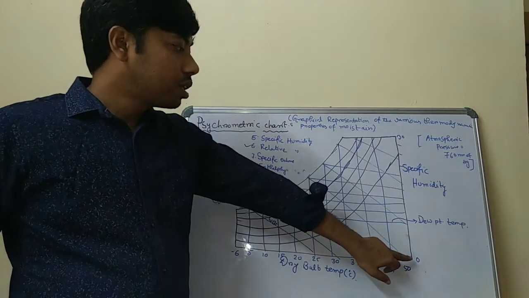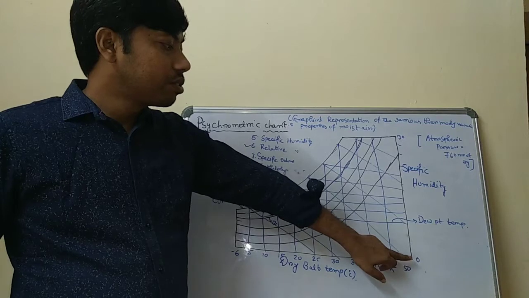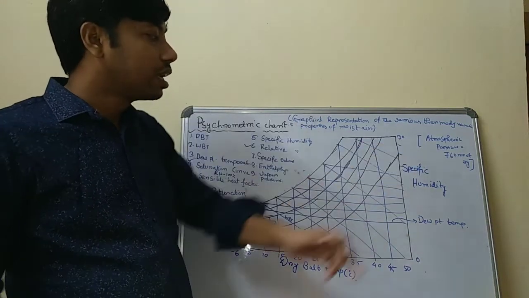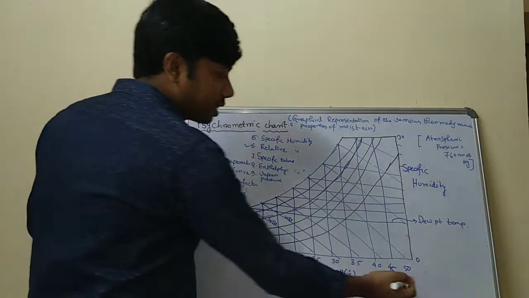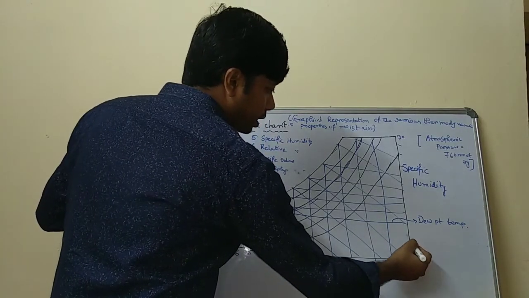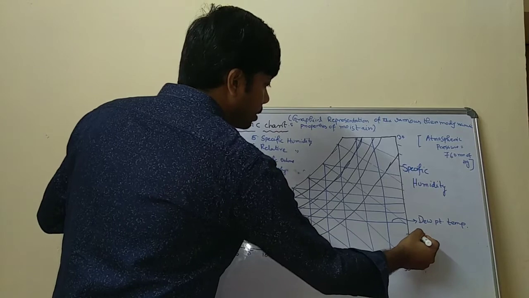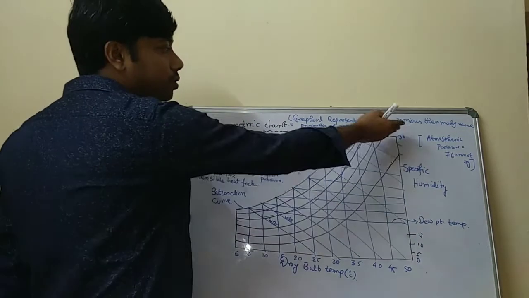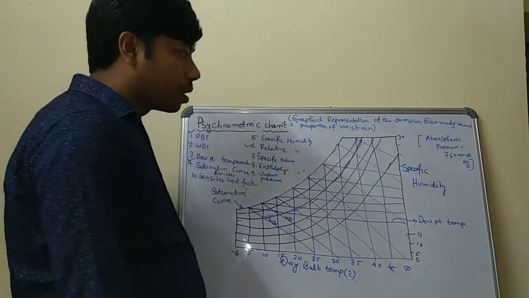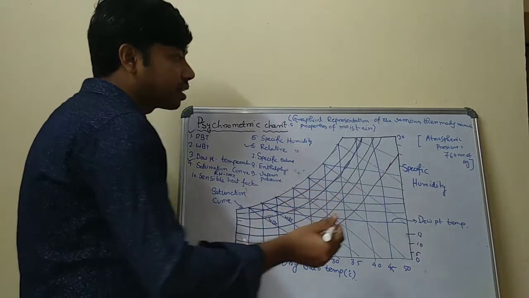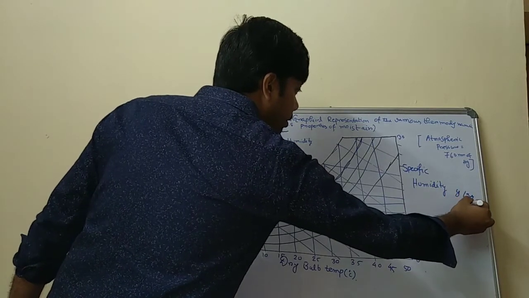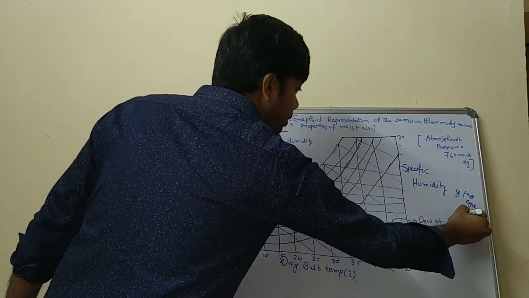In this chart it ranges from 0 to 30, uniformly spaced, maybe 5, 10, 15, like this, up to 30. So 30 means 30 gram per kg of dry air.